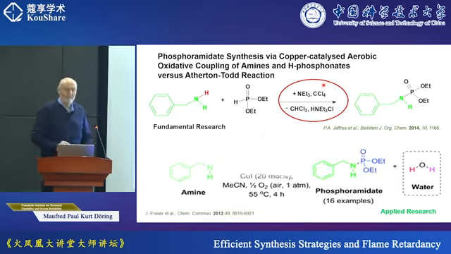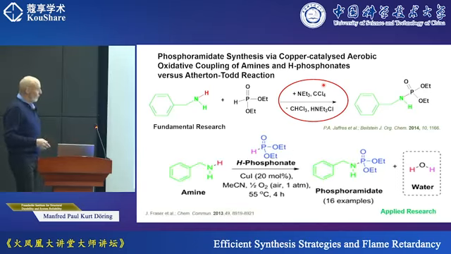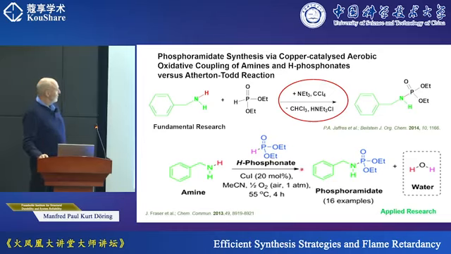And of course, there is a more simple solution. Look here, the same reaction, the same starting materials. Over here the amine and here a phosphite. And you see now we do it with copper iodide as a catalyst, and the oxidizing agent is now oxygen from air.